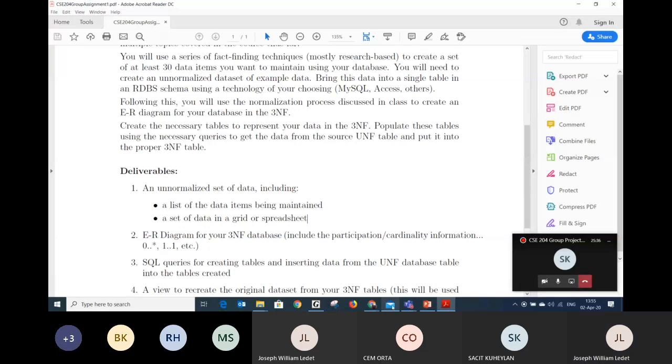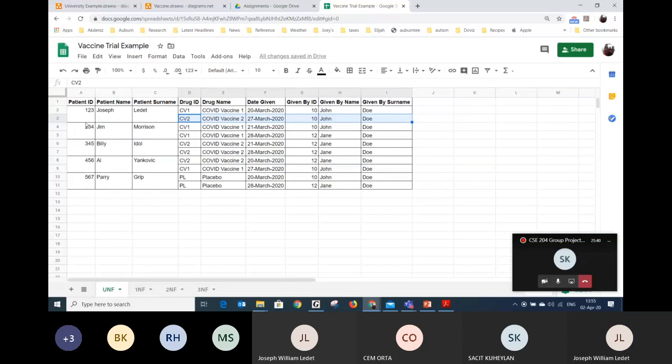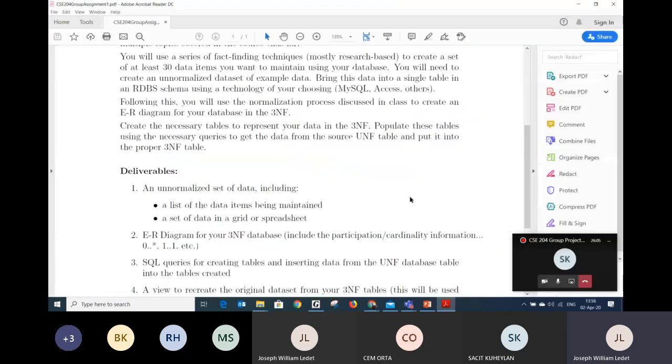If you put this into a Google Sheet or an Excel spreadsheet, or even just a table format in a Microsoft Word document or a PDF, that would be fine. So this with 30 or more columns would satisfy the first requirement, the first part of your group project.